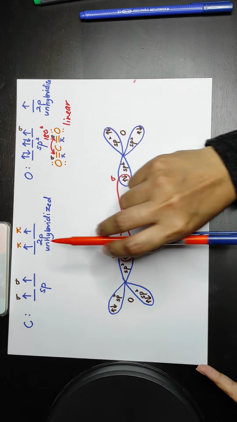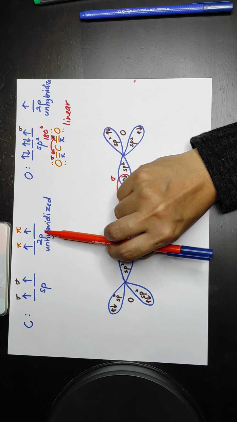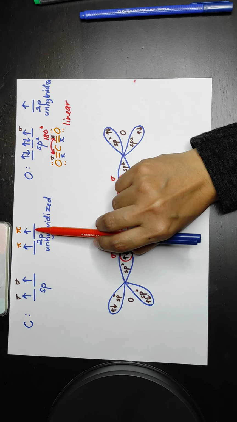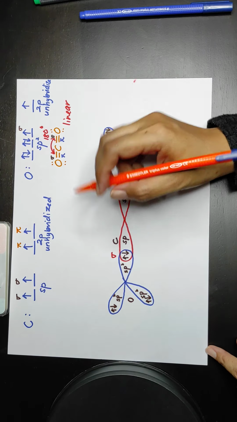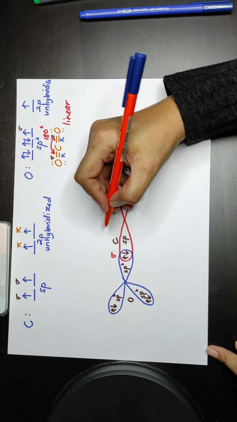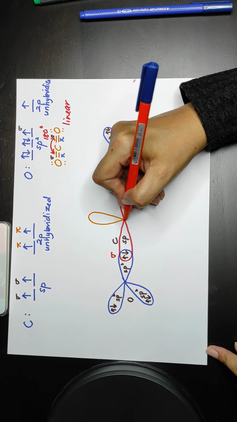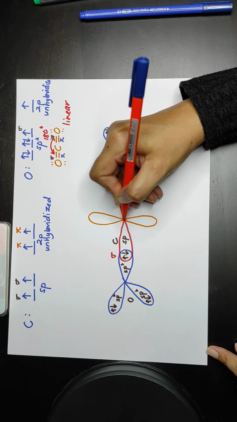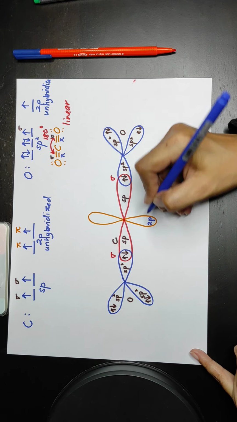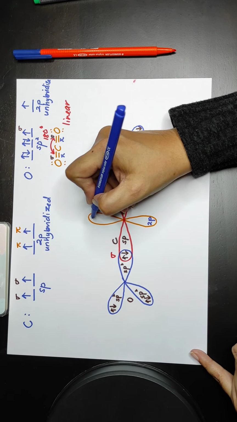Let's say the two 2p unhybridized orbitals of carbon are 2py and 2pz. I draw the 2py first, but I label it as 2p. So this is 2p, and it contains one unpaired electron.